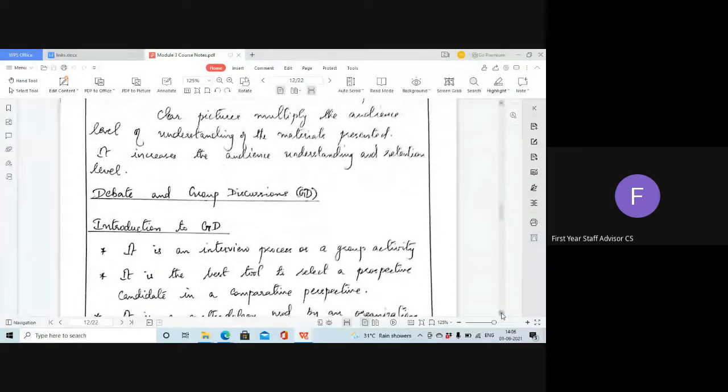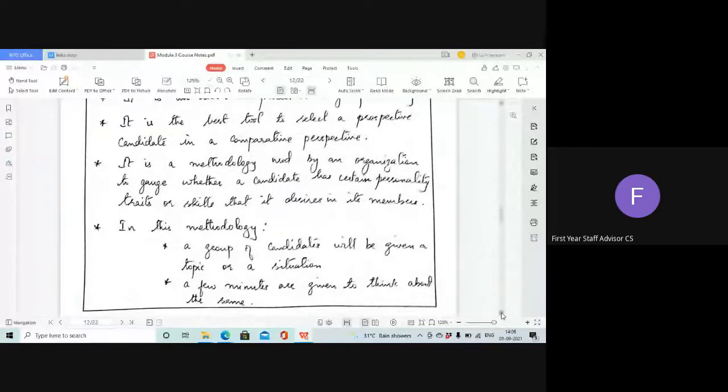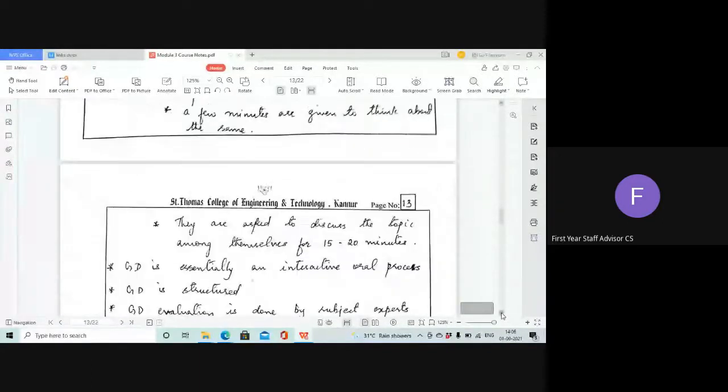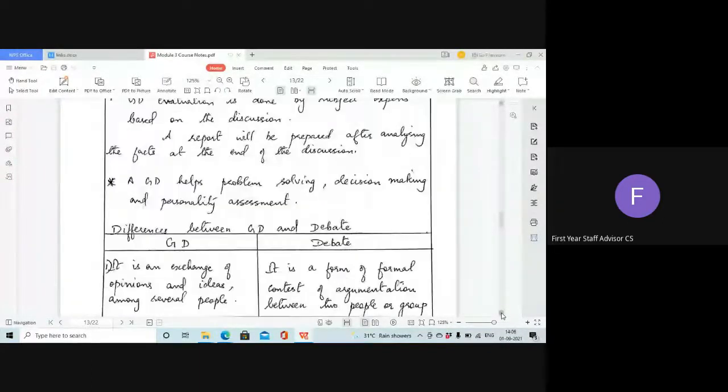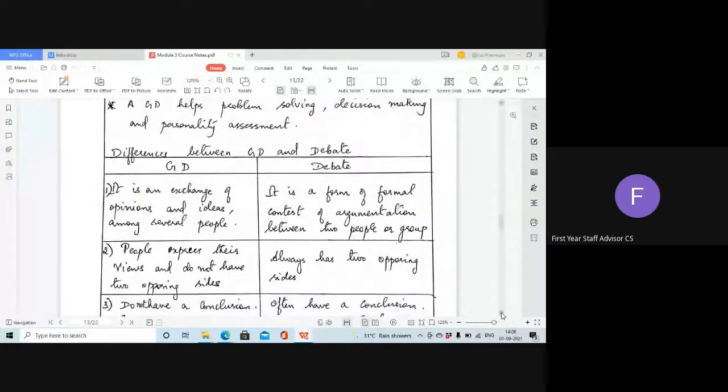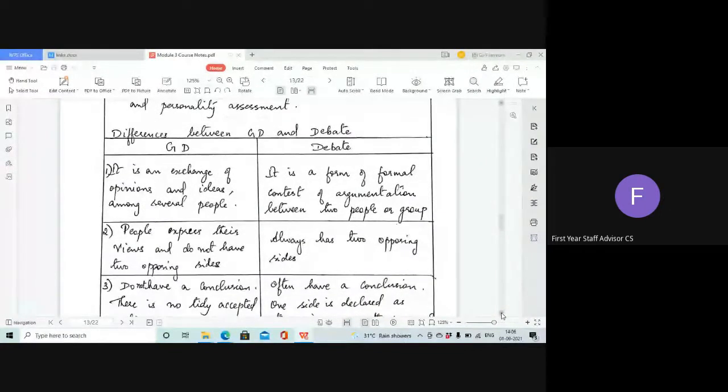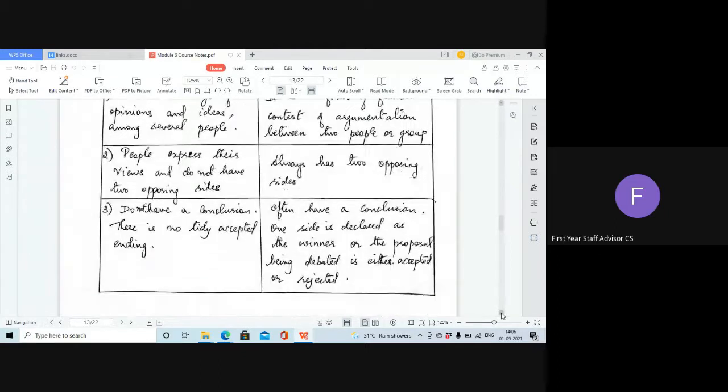I had introduced what a group discussion is, and then we discussed the differences. A group discussion is only a discussion, there is no winner or loser, whereas in a debate, one team will be the winner and another team will be the loser. And a debate is between two or more people.